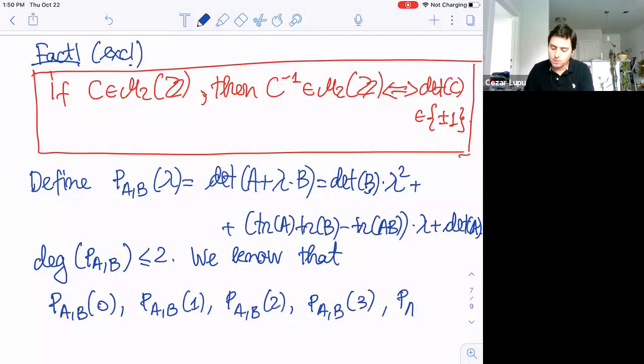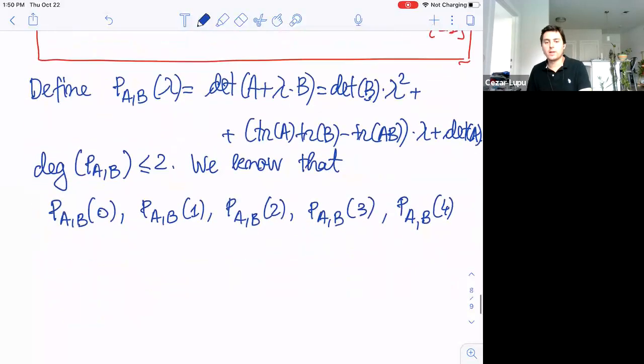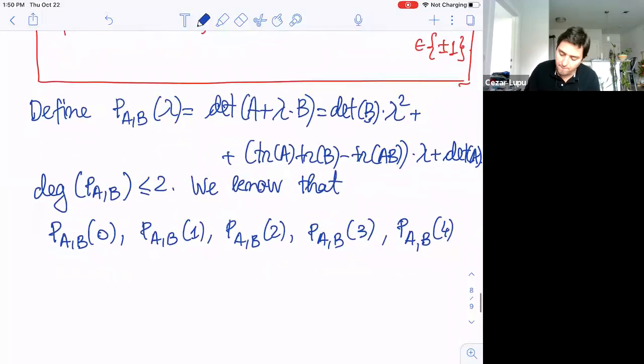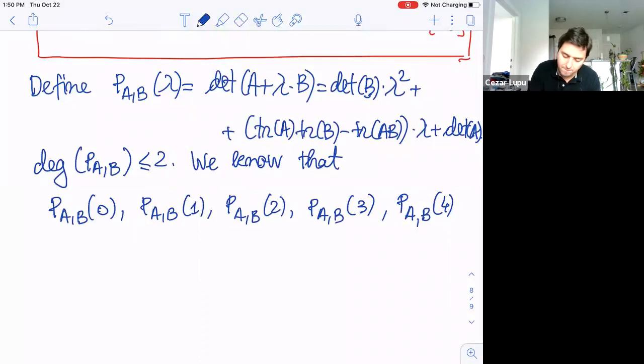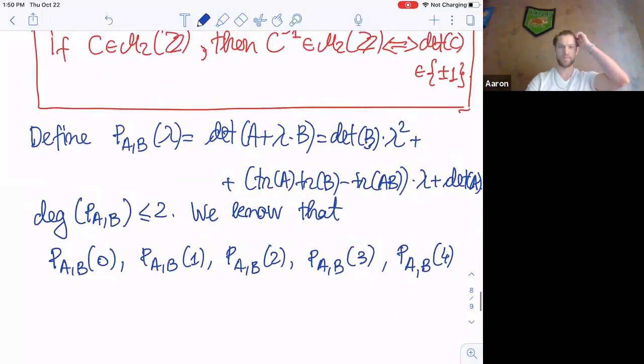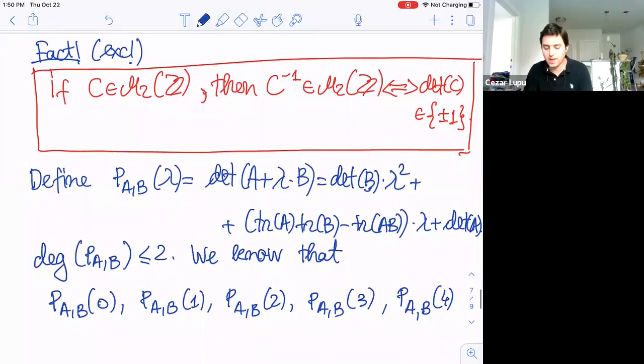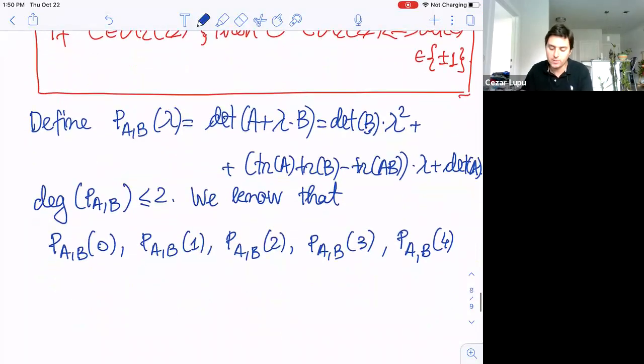So I know that these values belong to what set, based on the fact? They're in Z, right? Pay attention. Based on this fact and what the problem asks us, I know that these 5 values belong to the set plus or minus 1.